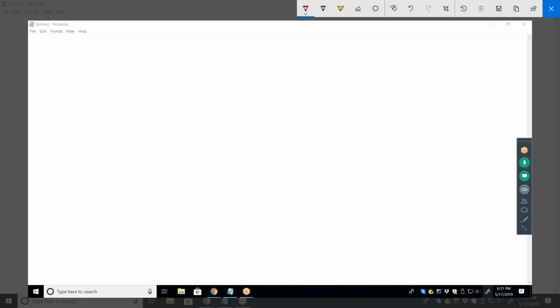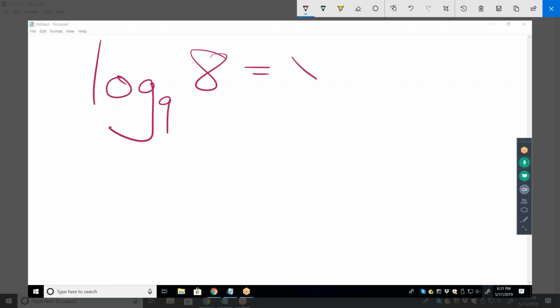Now, let's say they ask you to evaluate this on your calculator. You know how to do it? In other words, I can't do this the other way. If I do this, I have no idea what x is.